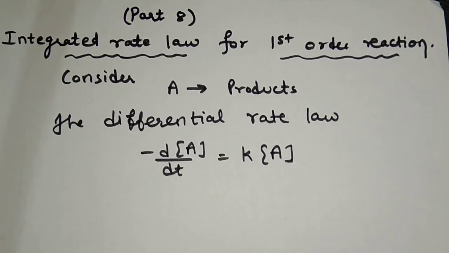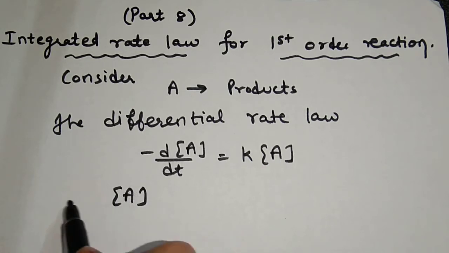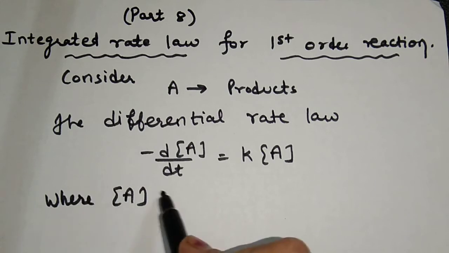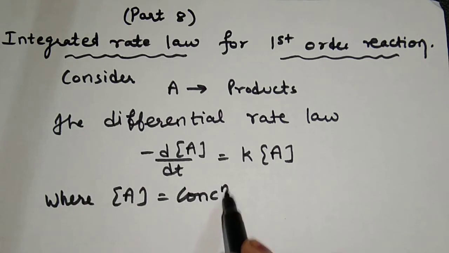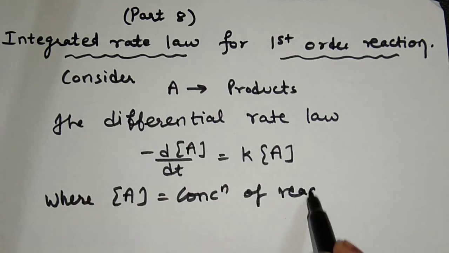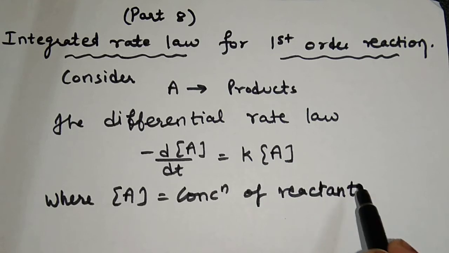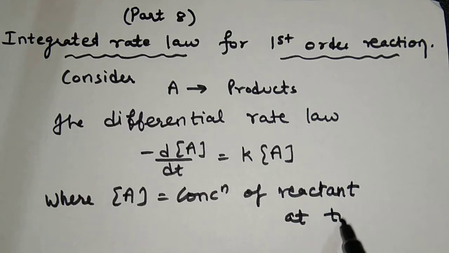Here this A in the square bracket represents the concentration of the reactant A which is unreacted, which remains at the time t. So we can say that A is the concentration of the reactant which remains unreacted at the time t.